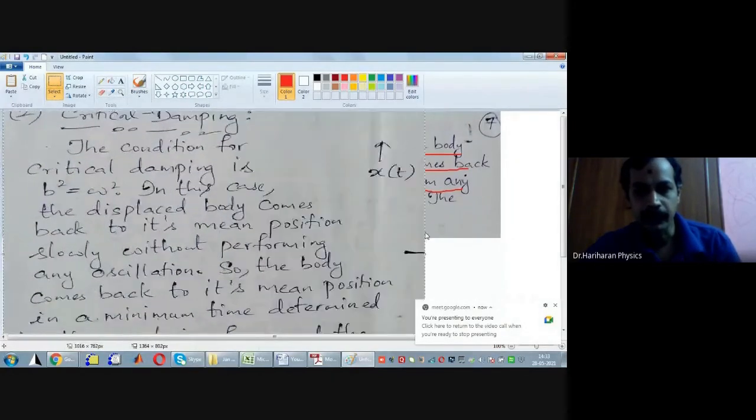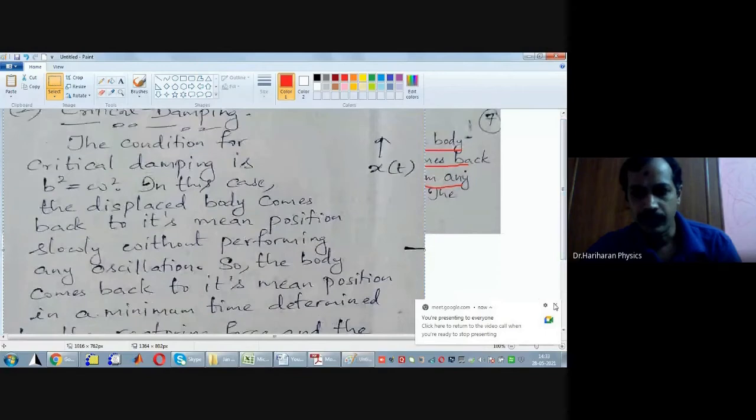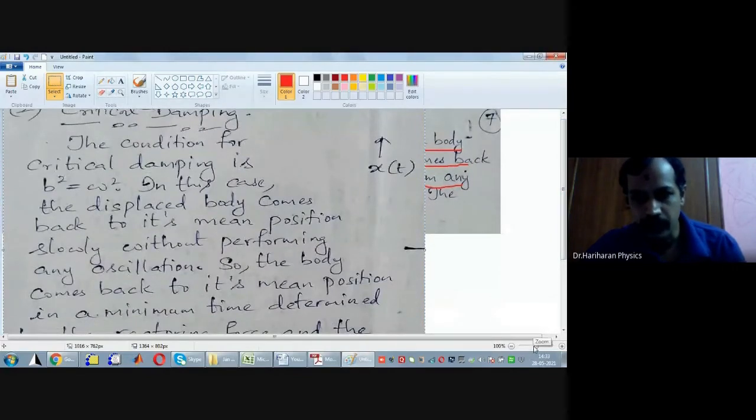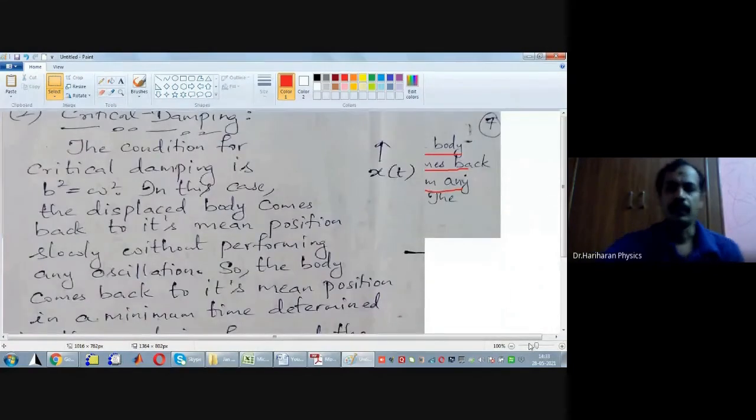Suppose I expand this. Now look here, I can zoom this down. Okay, I will adjust. Now look here. What is critical damping?